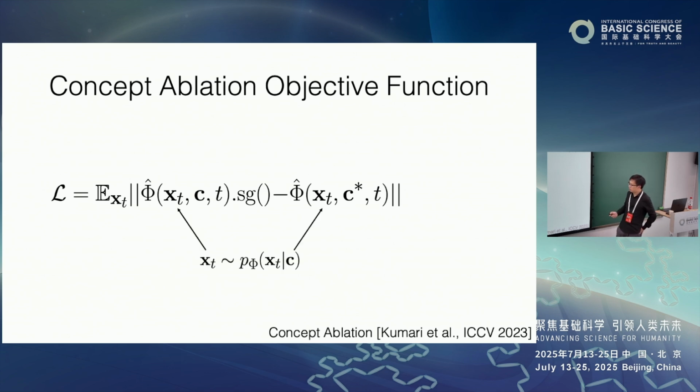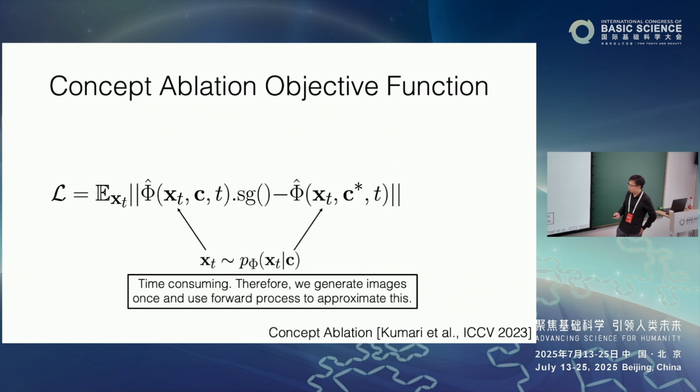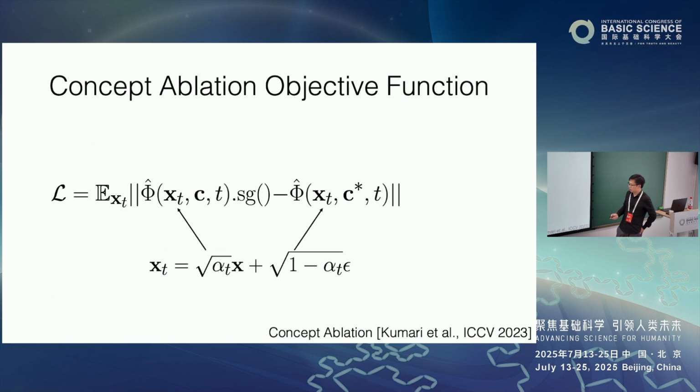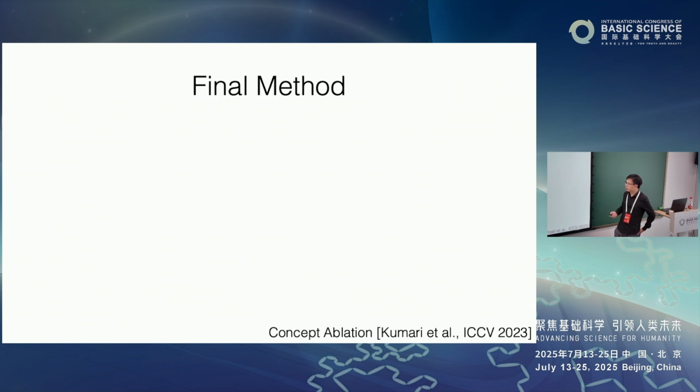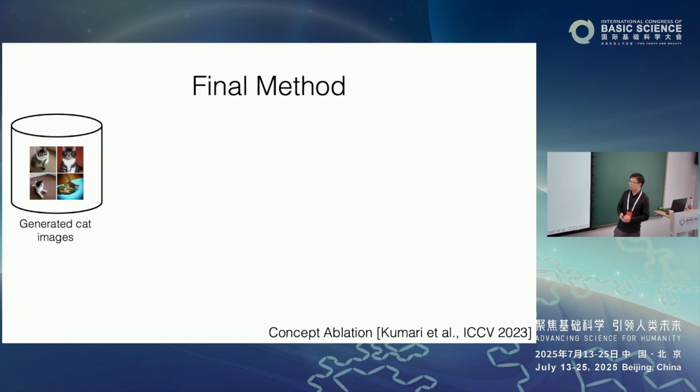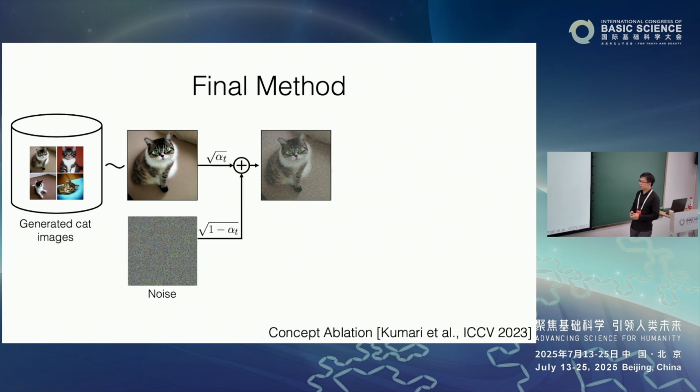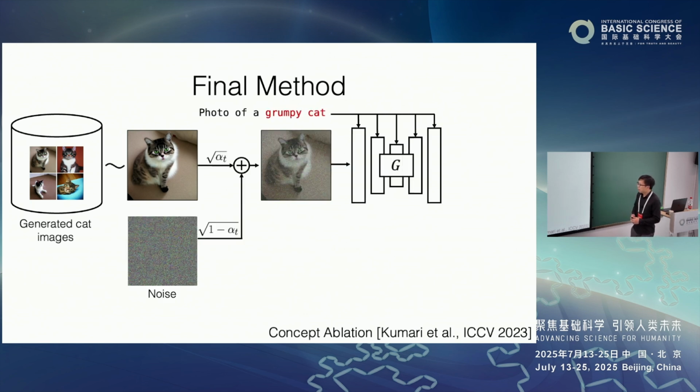And since generating images in a diffusion model is very slow at training time, we just generate a bunch of images X, and add some noise later to simulate X_t, the intermediate step of the diffusion process. I will skip some math, but the final method is extremely simple. You take cat images, you generate some cats, and you add some noise to them.